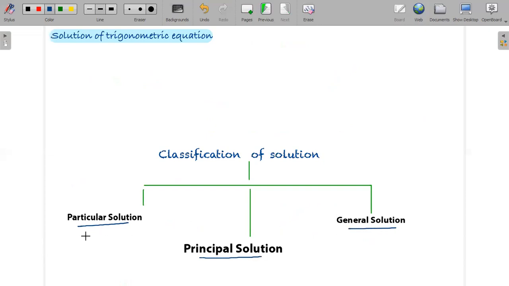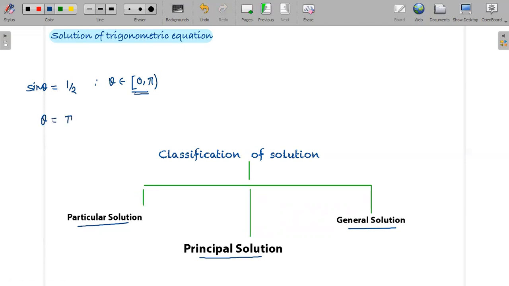Particular solutions are those solutions which are found within a specified range. For example, if I ask you to give me the value of theta for which sine gives you 1 by 2 as a response, and it is given that you need to find the solution in some particular area, let the area be from 0 to pi. Then whatsoever values of theta exist will be known as the particular solution, because we are searching for the solution in a particular range.